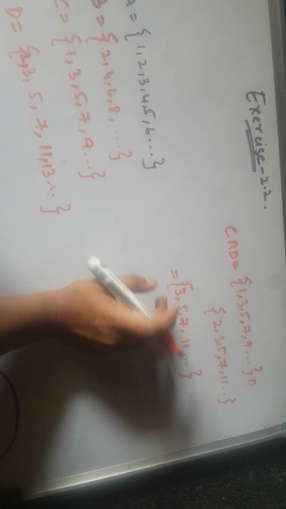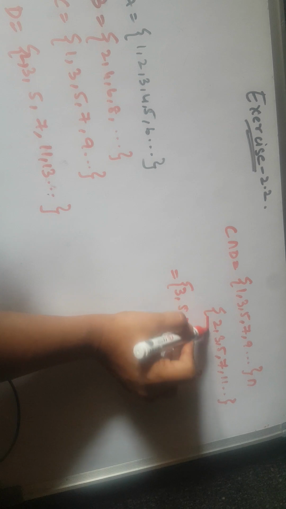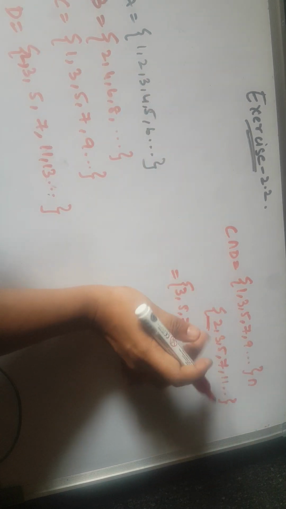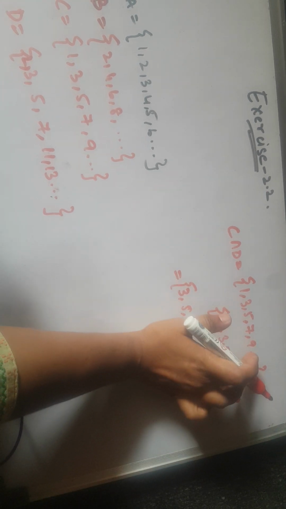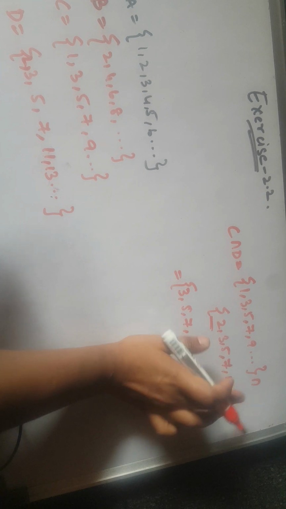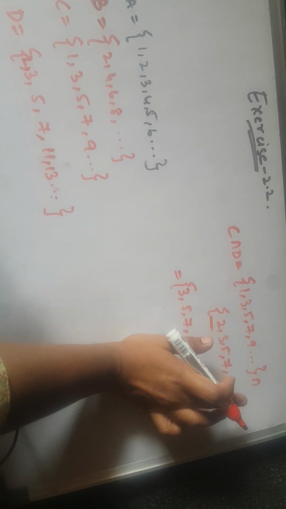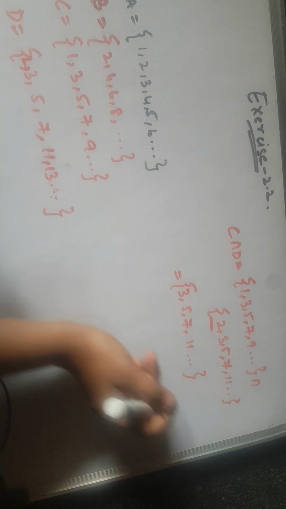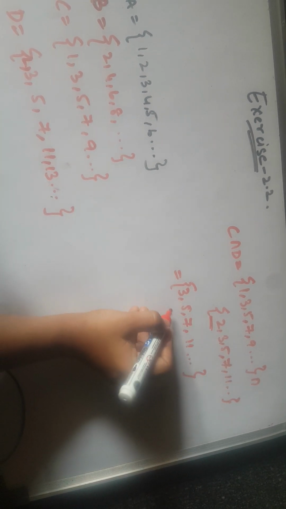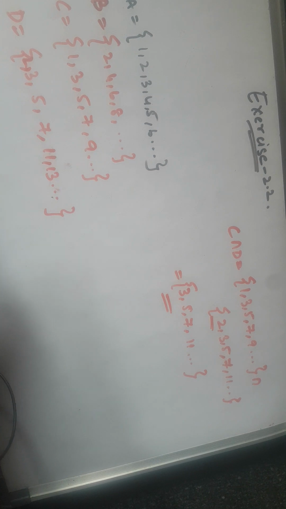All are common here. 2 is not there in set C, so we are not taking 2, we are taking the remaining numbers. But 9 is also not present in set D, so we are not taking 9 also. We are taking only the odd prime numbers here. Now continuing with the next question.